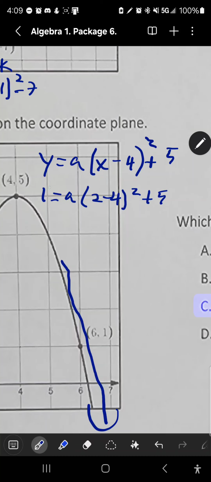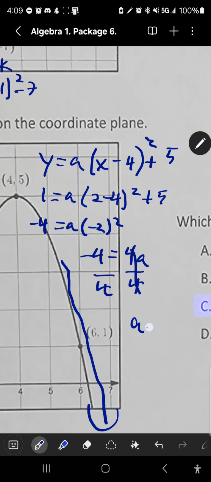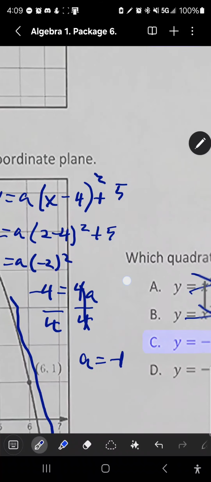I'm going to subtract 5 from both sides, so 5 minus 5 is 0, and 1 minus 5 is negative 4, equal a times 2 minus 4, which is negative 2 squared. And then I have that negative 4 equal negative 2 squared is 4, so 4a. I'm going to divide by 4, and I have that a equal negative 1.